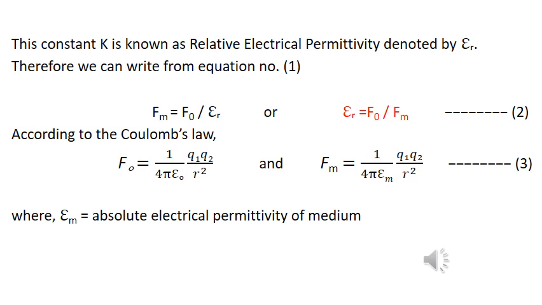Here we have considered that epsilon m is the absolute electrical permittivity of the medium, as epsilon naught was the absolute electrical permittivity of the free space.